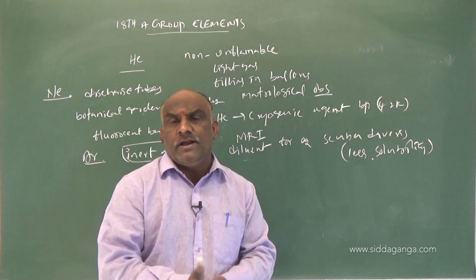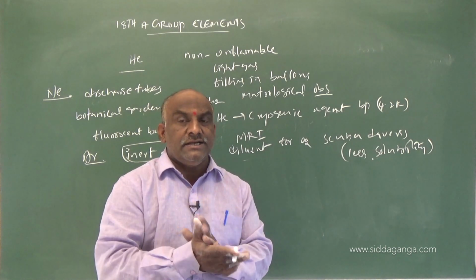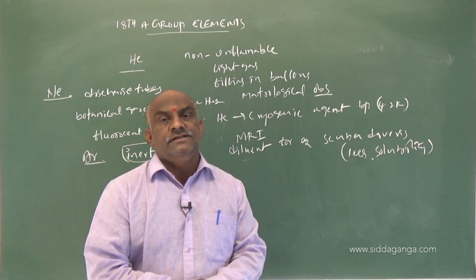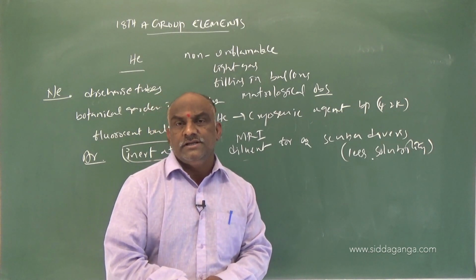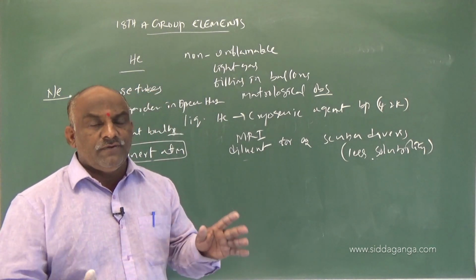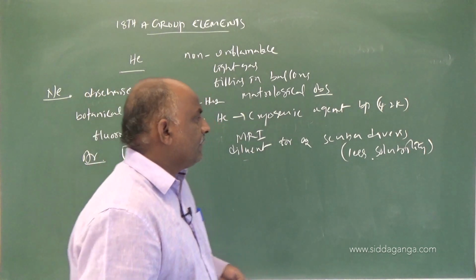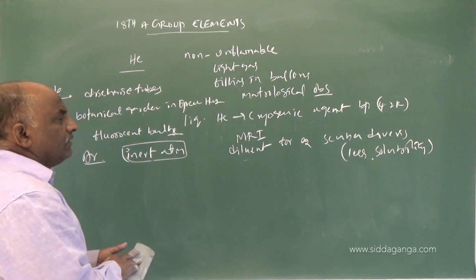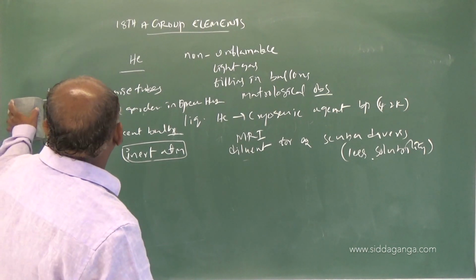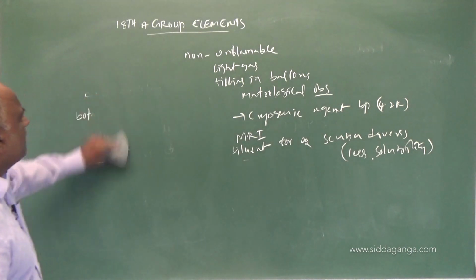Krypton and xenon can be used for designer lights, for that type of objects. So these are the uses; read the uses in your text and you will get the idea.